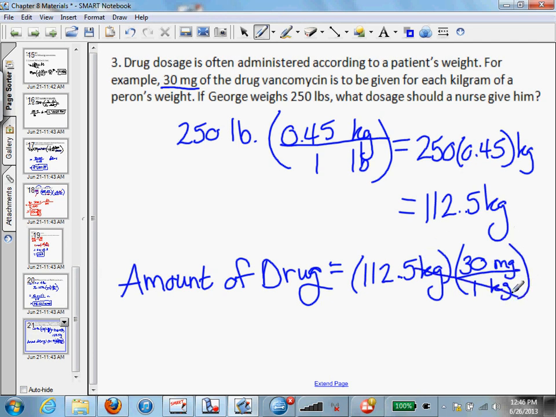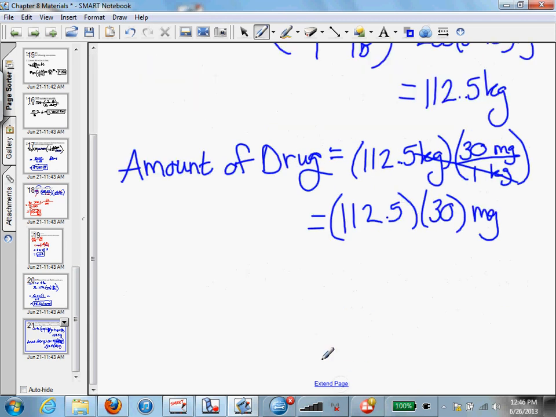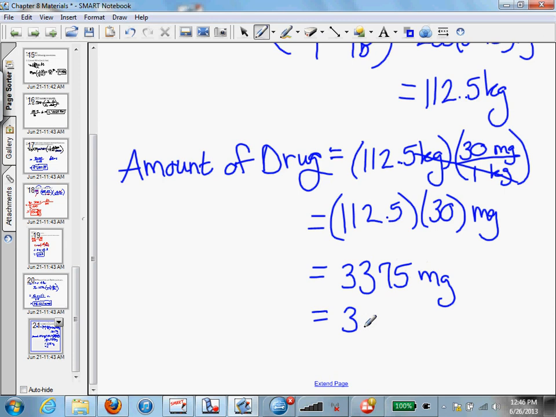So on the bottom to have these two cancel out. So that's going to be 112.5 times 30. We're going to have milligrams. And that's going to leave us with 3,375 milligrams, or if we're giving it to them in grams, 3.375 grams.